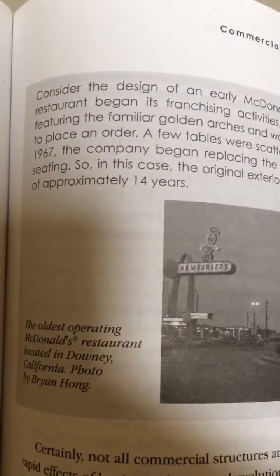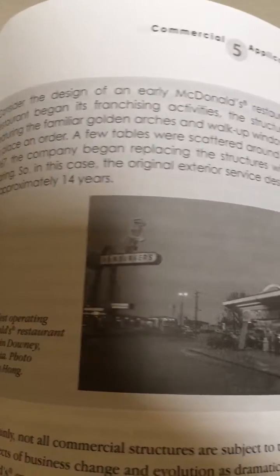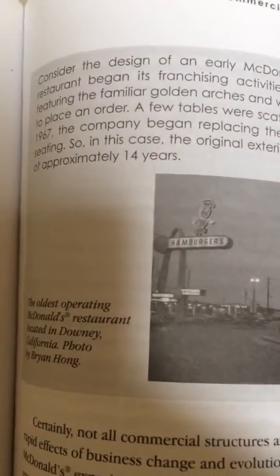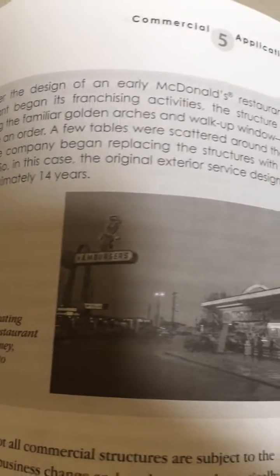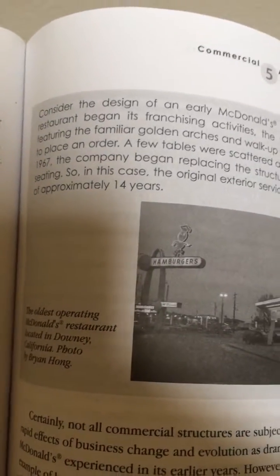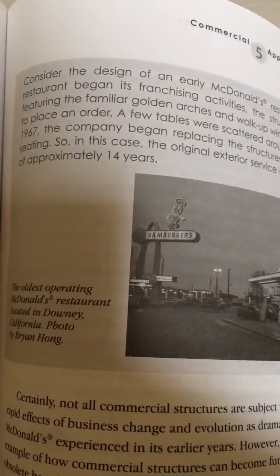Patrons stood outside to place an order. A few tables were scattered around the building's exterior. By 1967, the company began replacing the structures with one featuring interior seating. So in this case, the original exterior service design had an economic life of approximately 14 years.